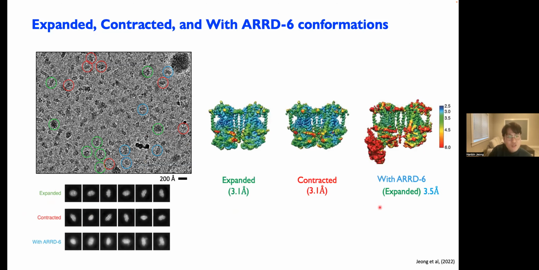And as you can see, I found 2 different conformations of the TMC1 complex, expanded and contracted, and the complex with arrestin protein, which adopts the expanded conformation. And because the expanded conformation has a few more density features than the contracted form, I will focus on the expanded conformation from now on.